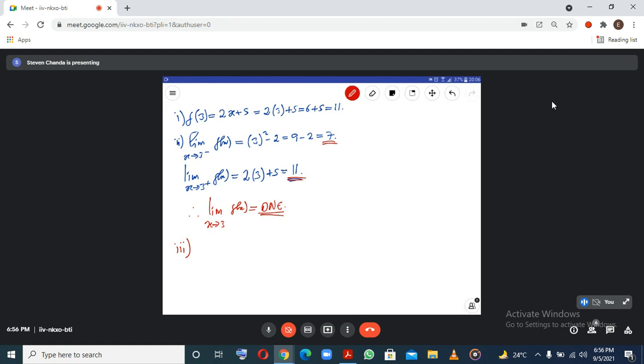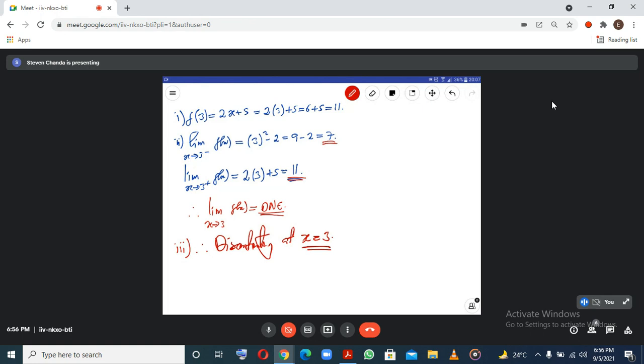You compare the limit with the f of 3. Now you don't have a limit, so there's nothing that you can compare. So you just say there is discontinuity. There's discontinuity at x is equal to 3, isn't it?